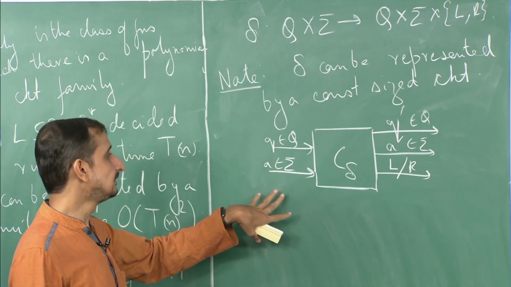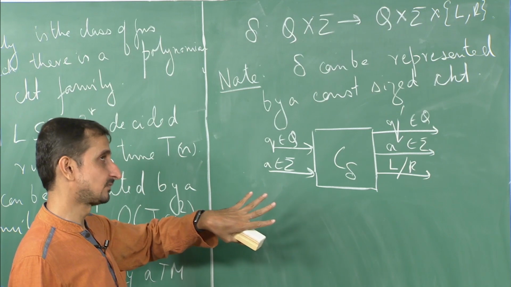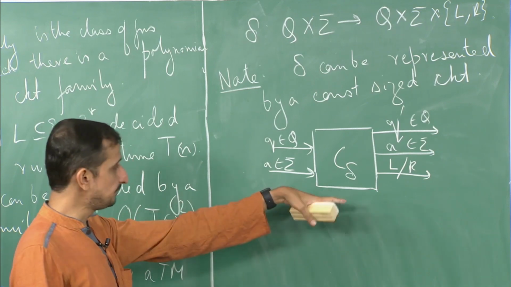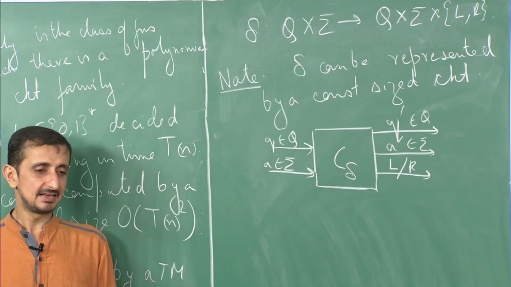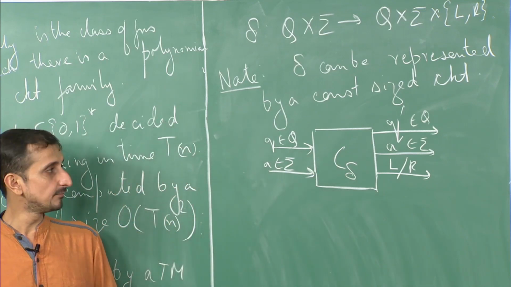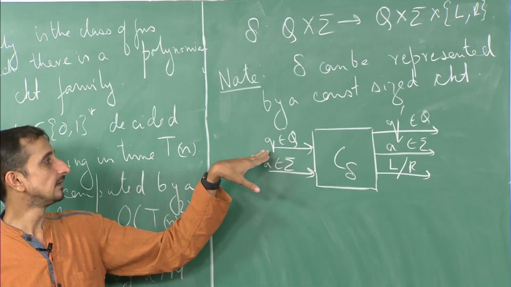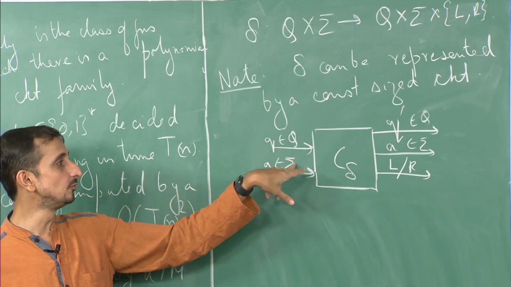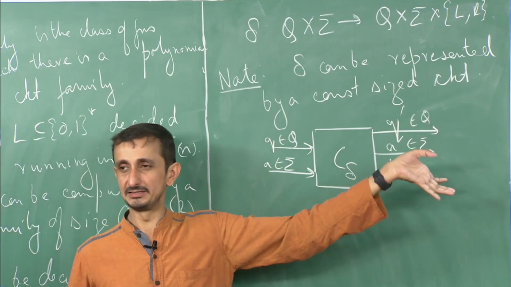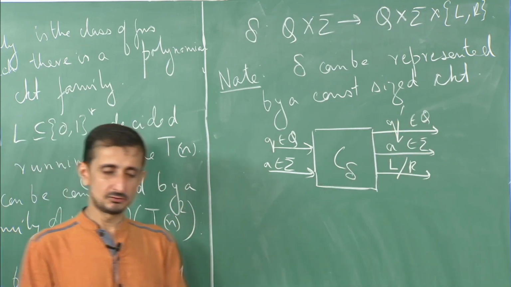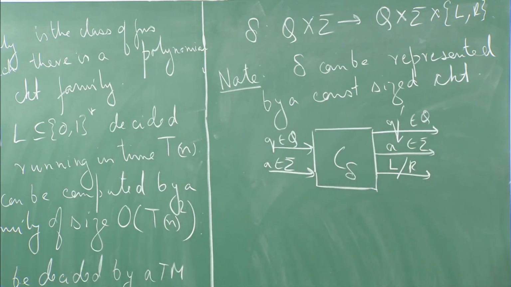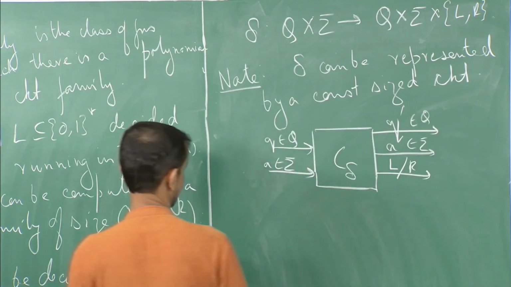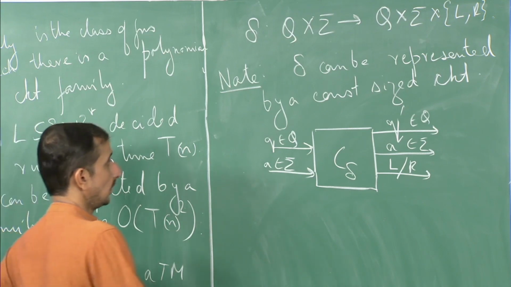Just for ease of implementation, you can assume that the circuit we build has alphabet elements from Q, sigma, L, R. This is anyway a bounded set, and finally you can just replace all of this with strings over 0, 1. It is the same thing.